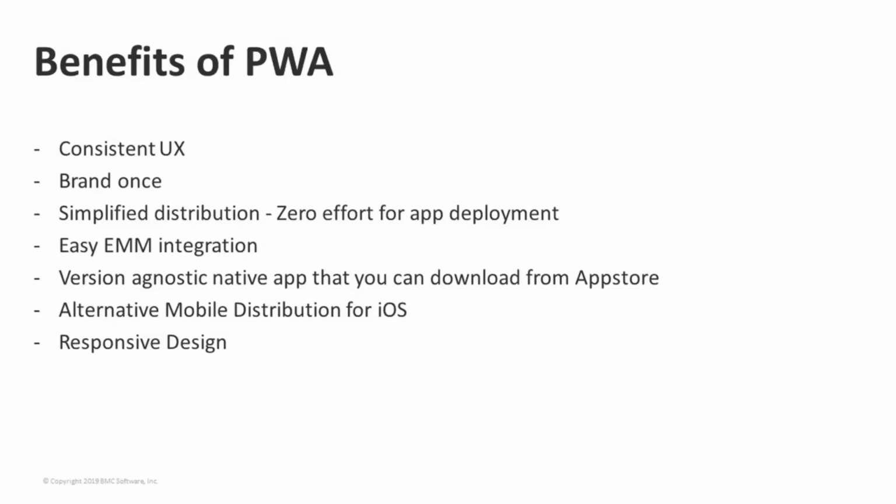And like I said, the lightweight native app that we have for iOS is also version agnostic. So if you use that app for iOS, you just download it once and that's it, right? It is version agnostic, irrespective of what the backend is. You can upgrade the backend anytime, or you can stay on the same backend. The app is going to continue to work with it.